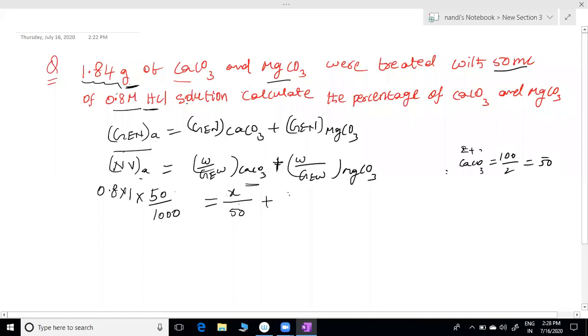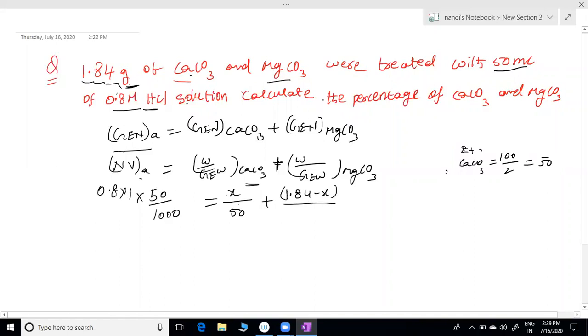Because total weight is 1.84 grams. If X grams is calcium carbonate, then 1.84 minus X grams is magnesium carbonate, by its equivalent weight. What is the equivalent weight of MgCO3? Can you try it? Molecular weight is 84. N factor here also 2. So 42.